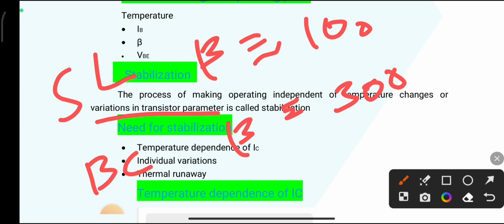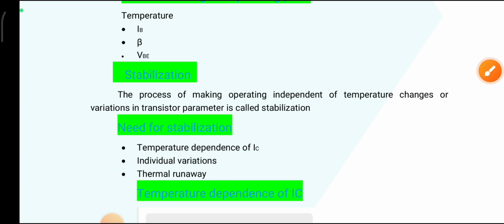So beta is very different for different transistors. That's why, in a circuit, if the transistor is replaced for some reason, the operating point must stay constant and lie in the active region. So it is called stabilization. If the Q point changes, we get a distorted output in the amplifier.